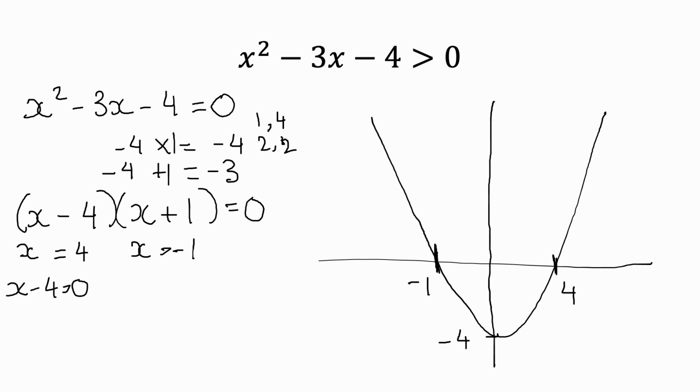Then we go back to our inequality. If x squared minus 3x minus 4 has to be greater than 0, our 0 is essentially here. That means we need to look at the parts of the curve that are above 0, so above the x-axis. That means we are looking at this part and this part, as they are above the x-axis, so above 0.